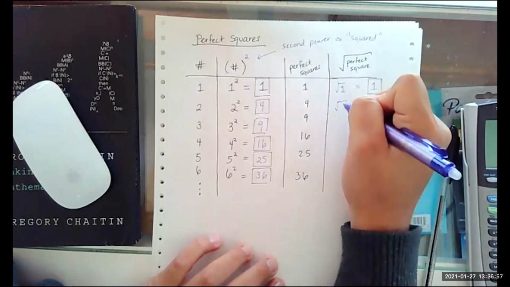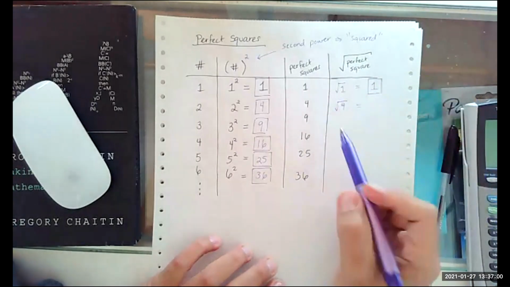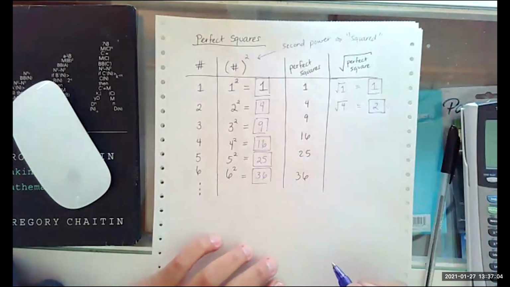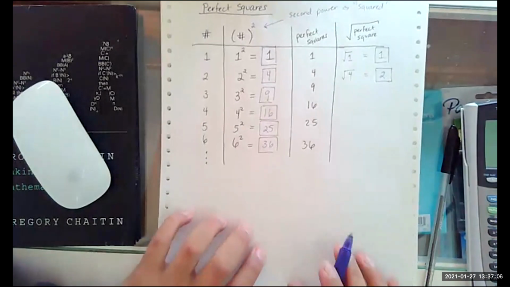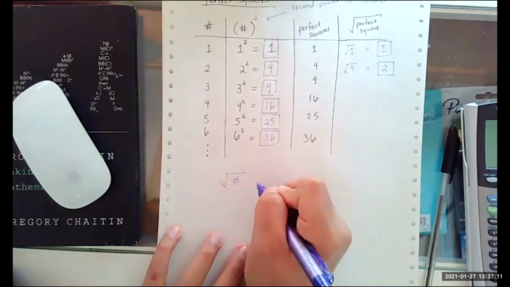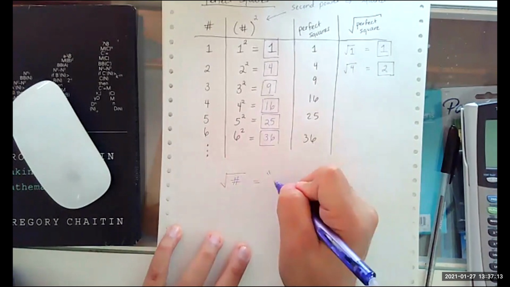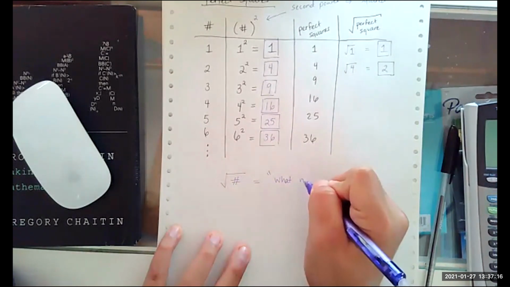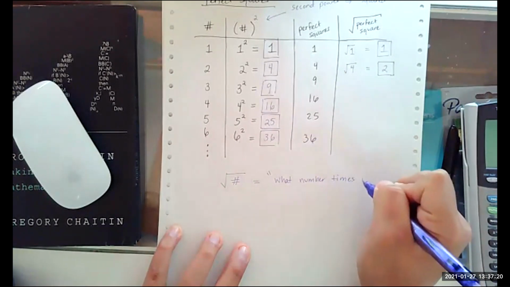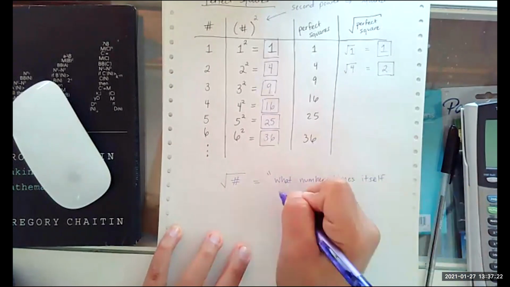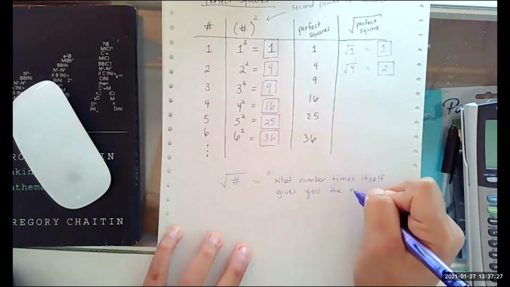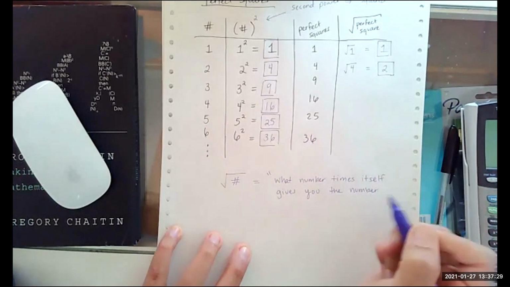The square root of 4, you would get 2. And so in some sense, the square root of some number is asking you, what number times itself gives you the number inside the root?